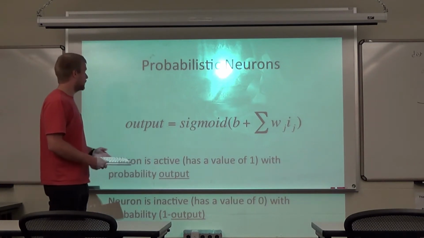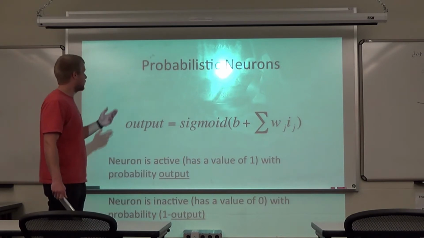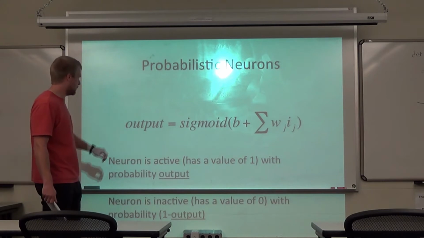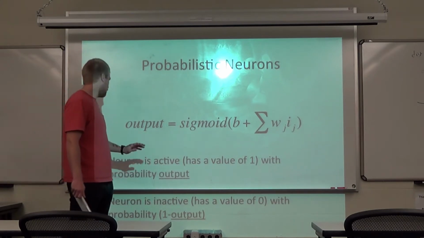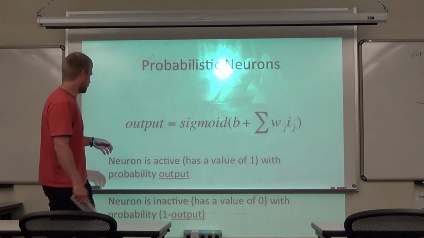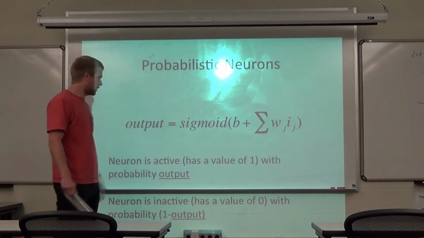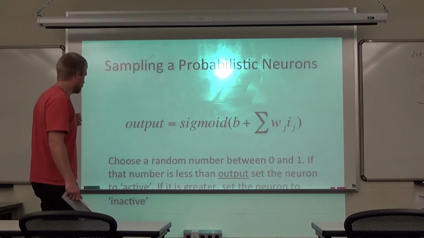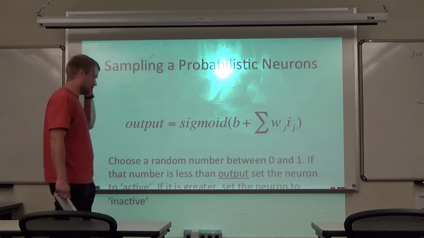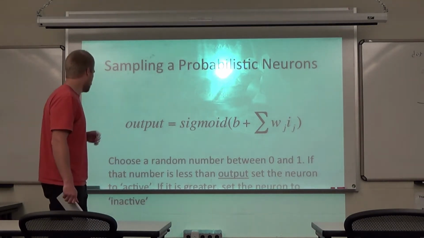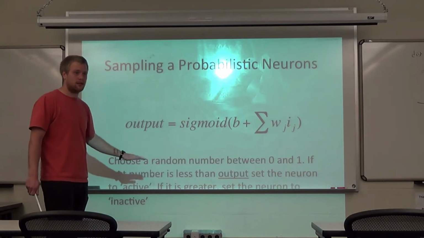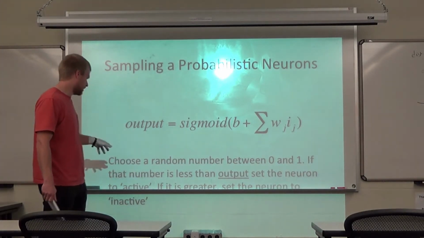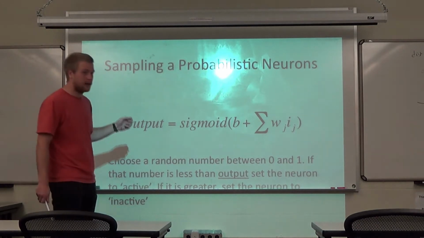When we're looking at probabilistic neurons, we compute the output and then we make the neuron active with probability equal to that output. That process is called sampling. This is done by choosing a random number between 0 and 1. If that number is less than the output, then you set the neuron to active. If it's greater than the output, it's inactive.